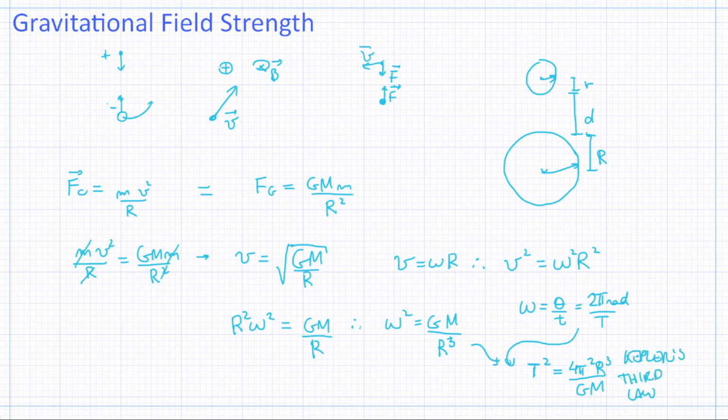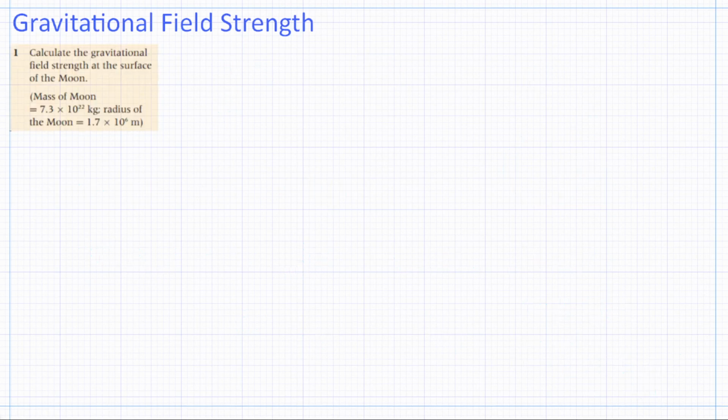So now let's take a look at a few examples. The first example here: calculate the gravitational field strength at the surface of the moon. And we're given the mass of the moon and radius of the moon. So this is quite simple. Gravitational field strength is the force over mass. Alright?